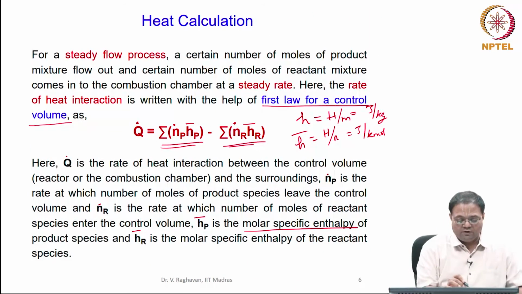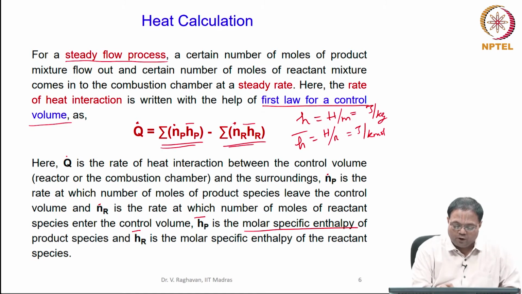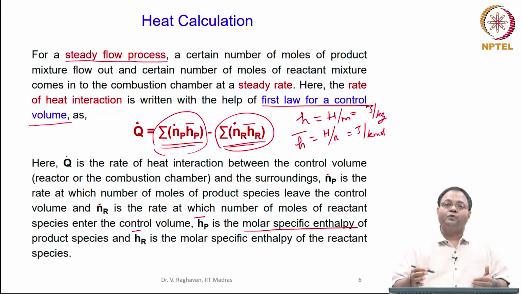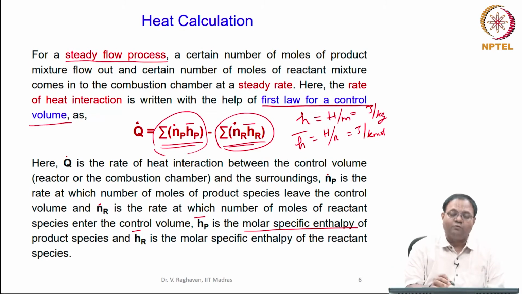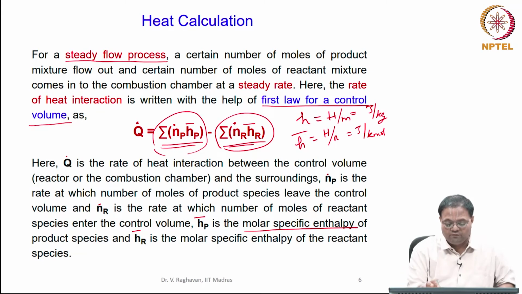Similar to that, for a steady flow process, this is the product enthalpy and this is the reactant enthalpy. So, the rate at which heat is released from the combustion chamber or reactor will be equal to the rate at which the enthalpy of the products leaves minus the rate at which the enthalpy of the reactants enters. That is the difference here.